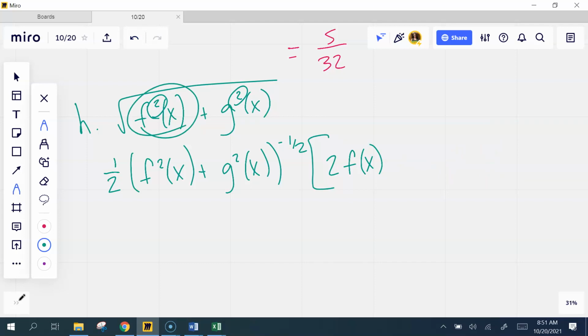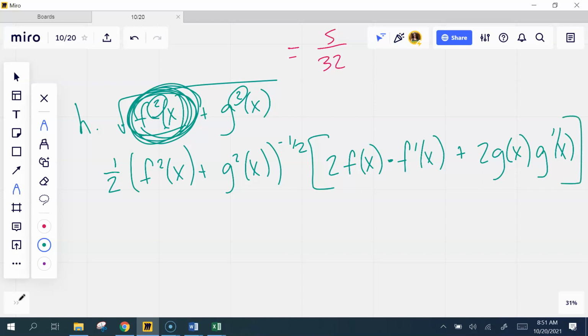When I do the derivative of this one, I need to come here and do derivative of this, because the derivative of this is its own piece here, right? So the derivative of this piece is power rule and then multiply by the inside. So same thing with g times g prime of x. Multiply by the derivative. Is that it?